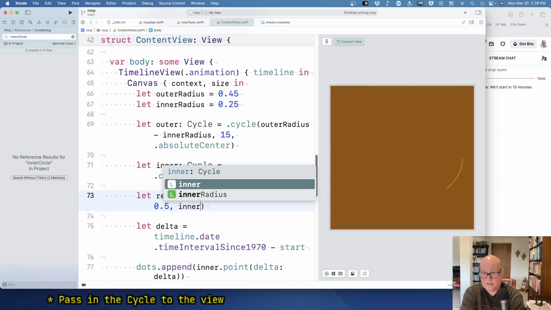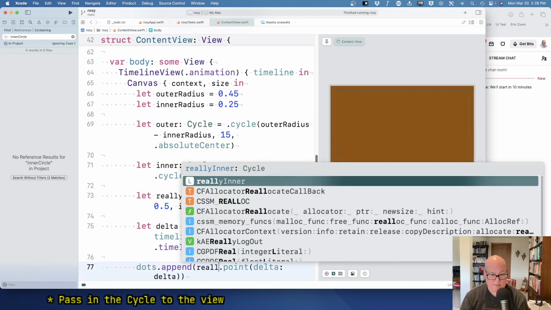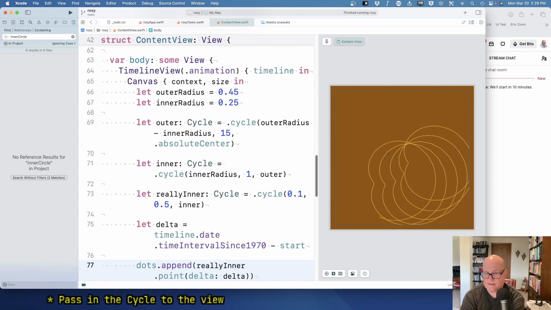I don't know. Do we get our little epicycles things? I'm doing inner dot point. I need to do really inner. Okay, this is promising. I'm getting that extra little wiggle in there.